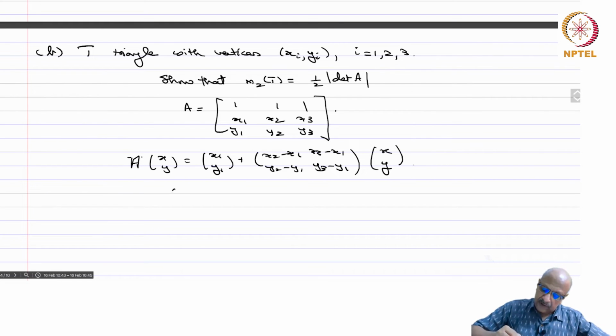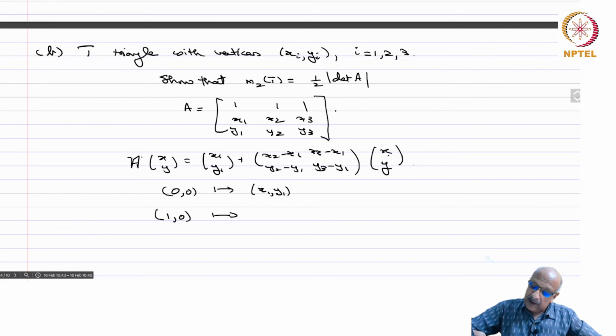Okay, then (0,0) gets mapped to (x1, y1), and then (1,0) will get mapped to (x2, y2), and then (0,1) will get mapped to (x3, y3).